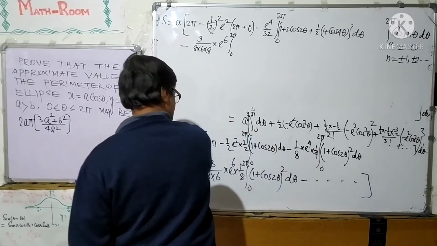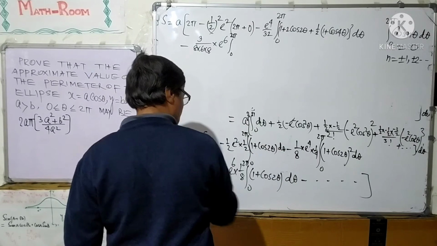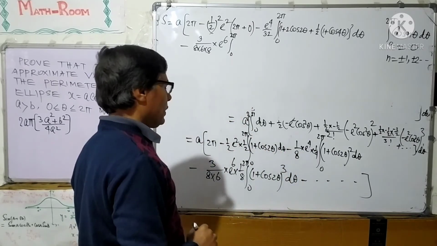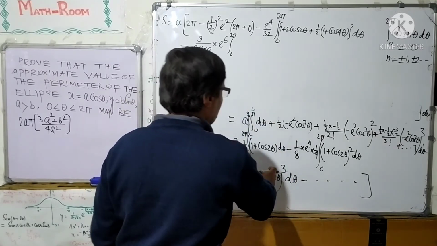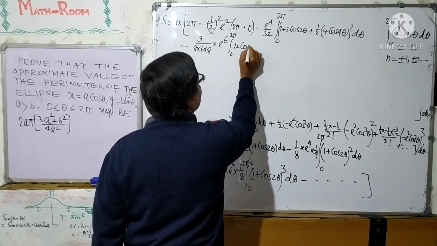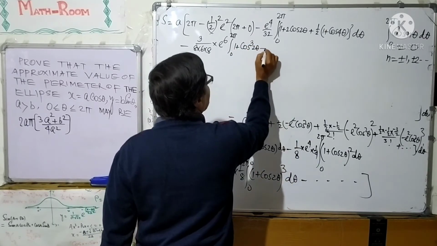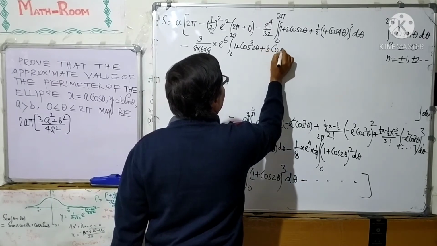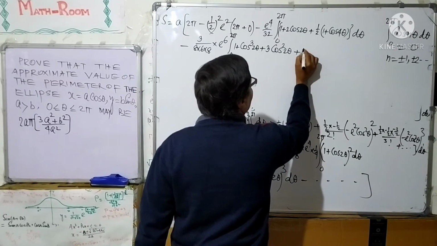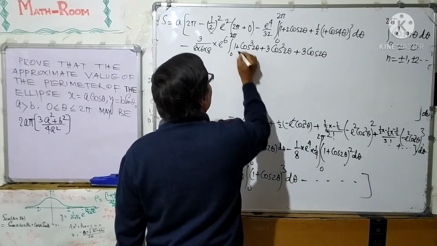This is not square but whole cube. This is whole cube. If we expand this whole cube, we get 1 plus cos cube 2 theta plus 3 cos square 2 theta plus 3 cos 2 theta d theta.